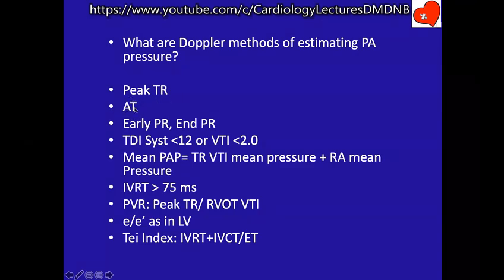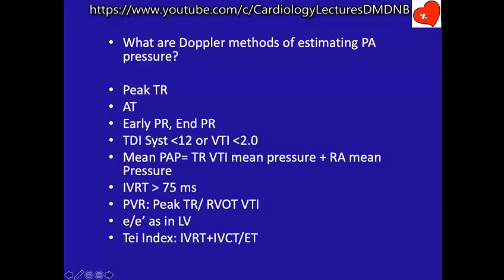Acceleration time in the pulmonary artery Doppler, if it is less than 100, indicates PAH. It's not quantitative, only qualitative or semi-quantitative. I told you already early PR and end PR velocities. Then TDI, tissue Doppler in the tricuspid annulus, has been shown to correlate with PAH. Then there are other formulas.